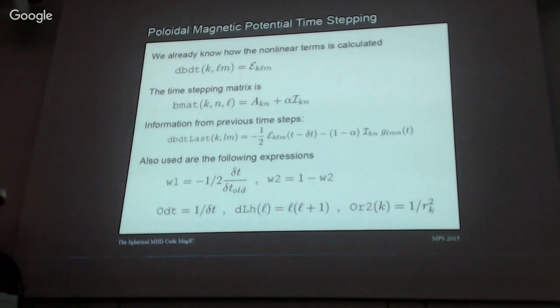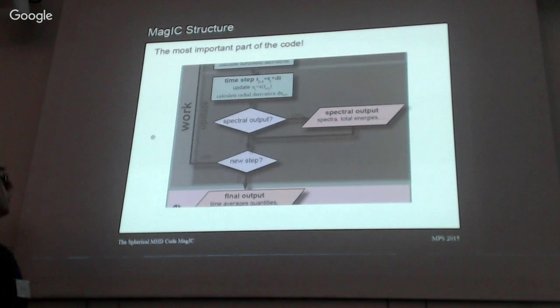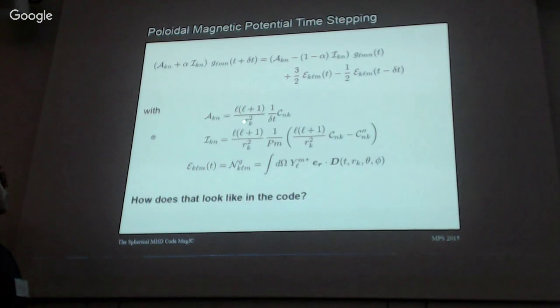Now, Anke shows here how BMAT is calculated. BMAT is just the sum of these two contributions, and here's the AKN, for example. I'll come back to that.